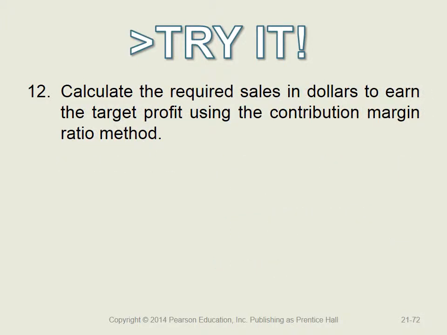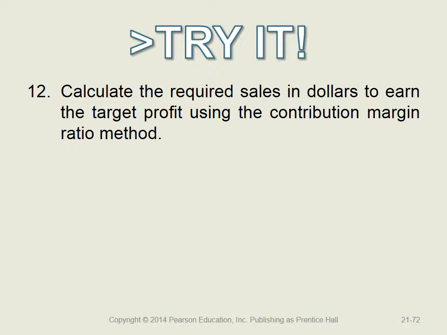12. Calculate the required sales in dollars to earn the target profit using the contribution margin ratio method. Well, we take the contribution margin ratio, which is the $60 per table, divided by the $100 per table, which equals 60%.